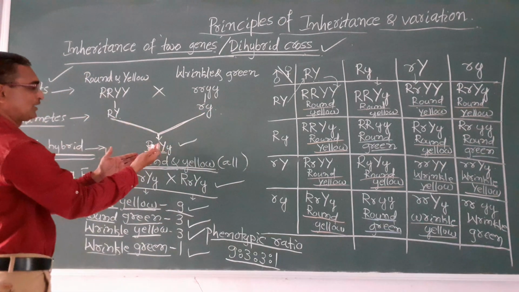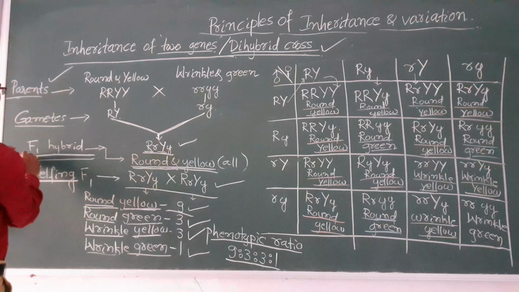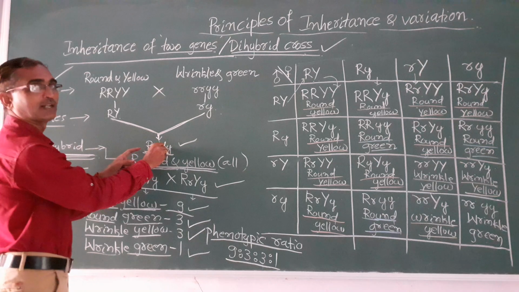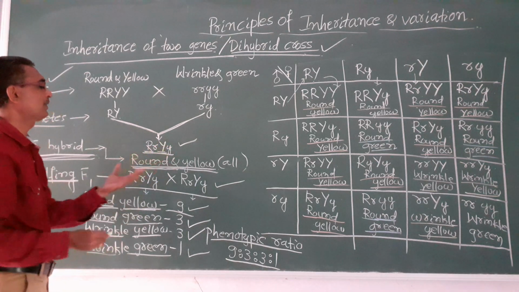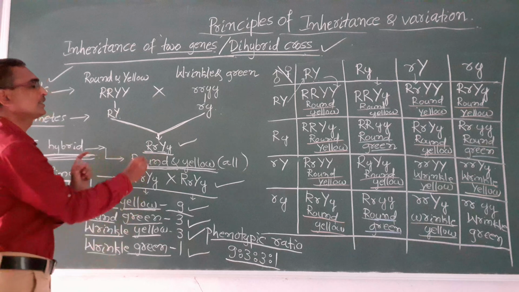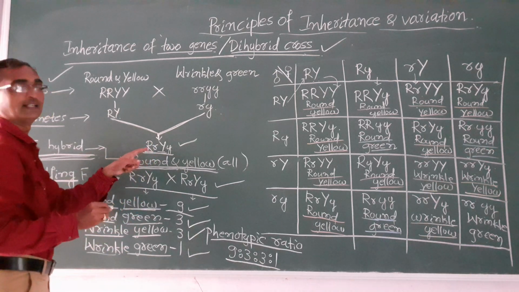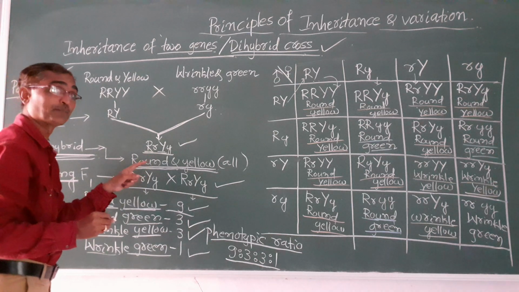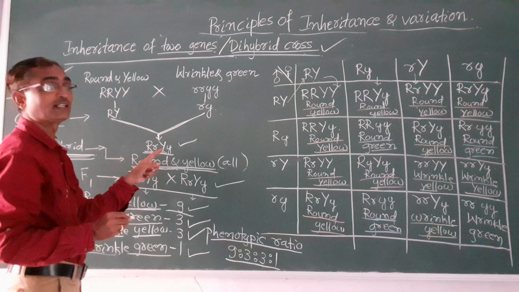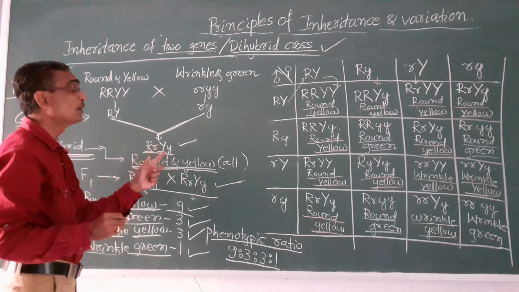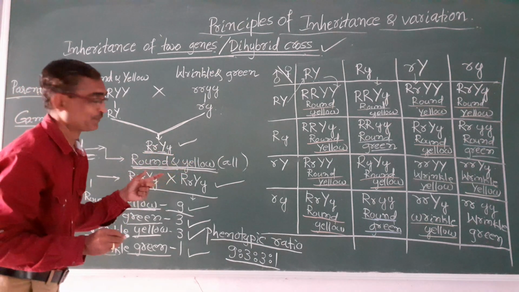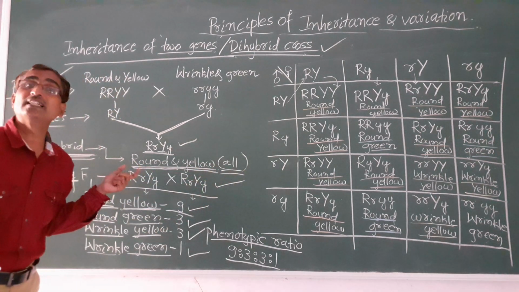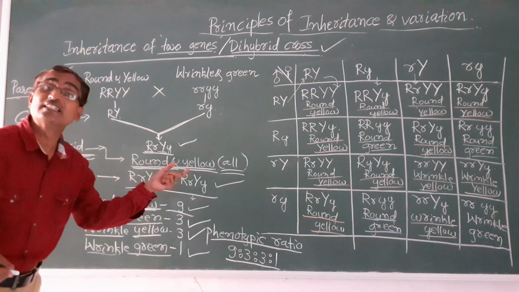And when both of the gametes fuse, we get the F1 hybrid, that is capital R, small r, capital Y, small y, and all these plants were round and yellow because capital R is dominant, that is round is dominant, and the seed is round shaped, and here Y is dominant, and that is a plant of yellow colored seed. So that is why all F1 were round seeded with yellow colored seeds.